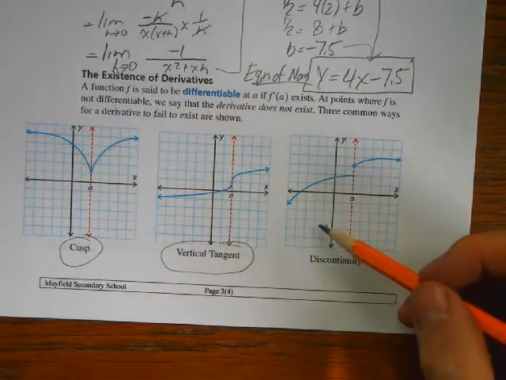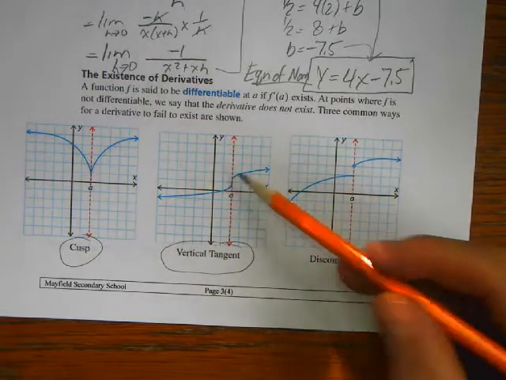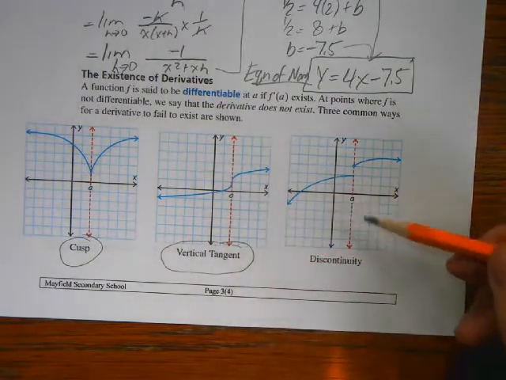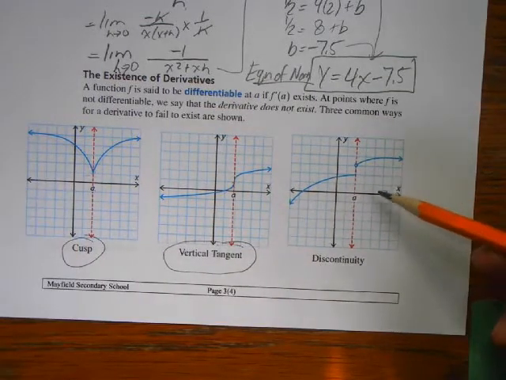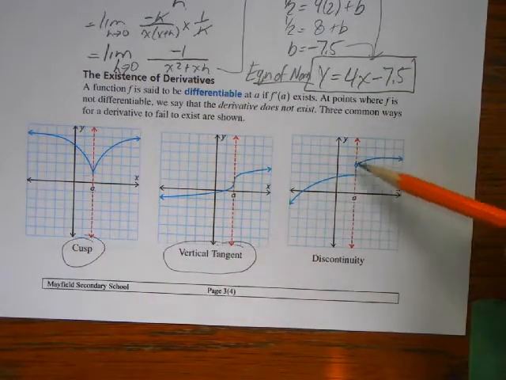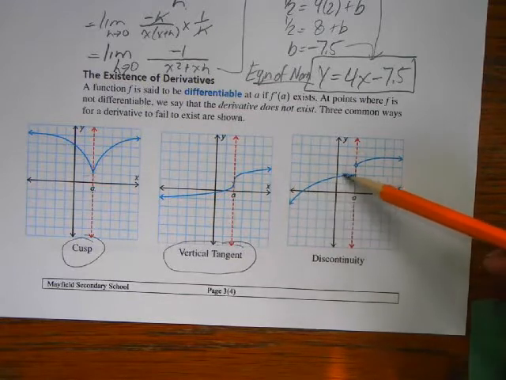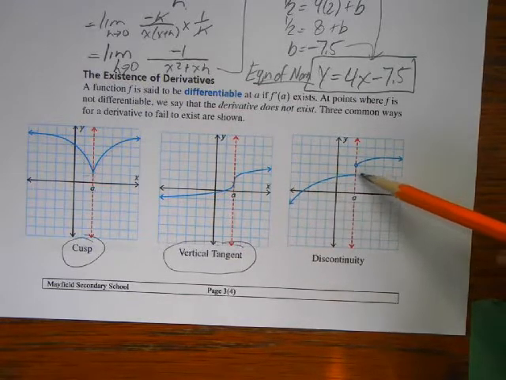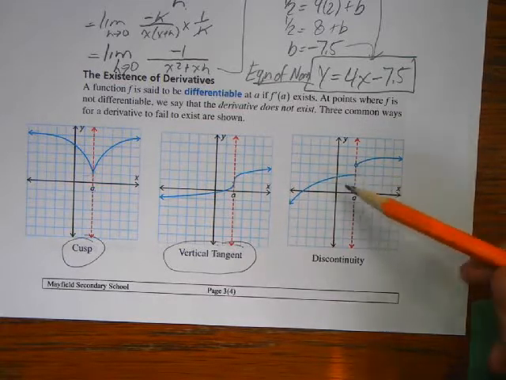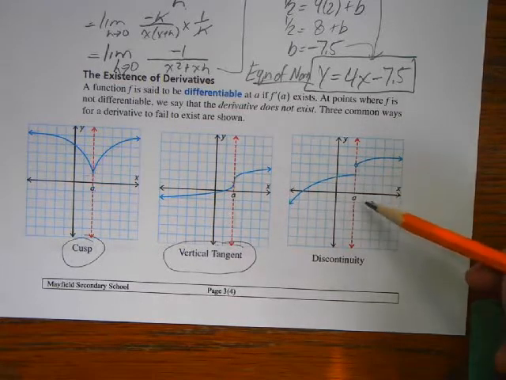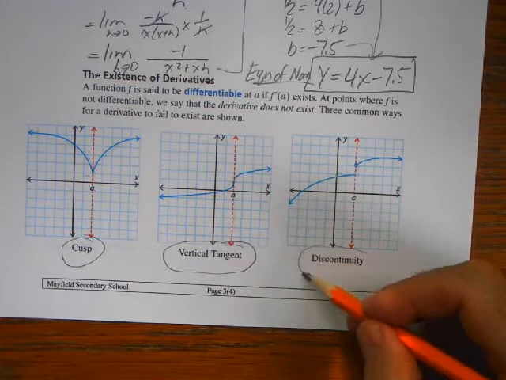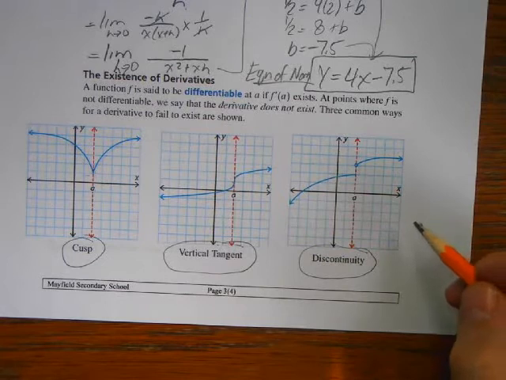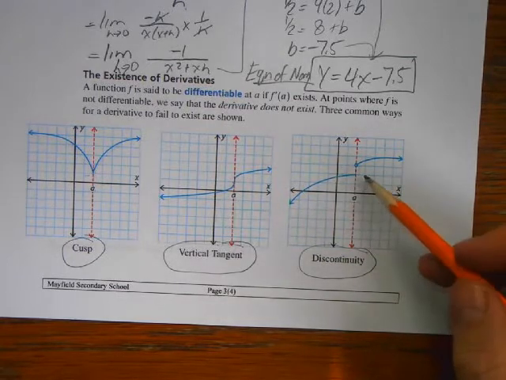And you've seen this before when we did continuity and limits. Basically, you have a gap here, like a jump, we called it, for continuity. Where you have anything that is not continuous, meaning it's discontinuous, you can't take the derivative where it's discontinuous. Okay.